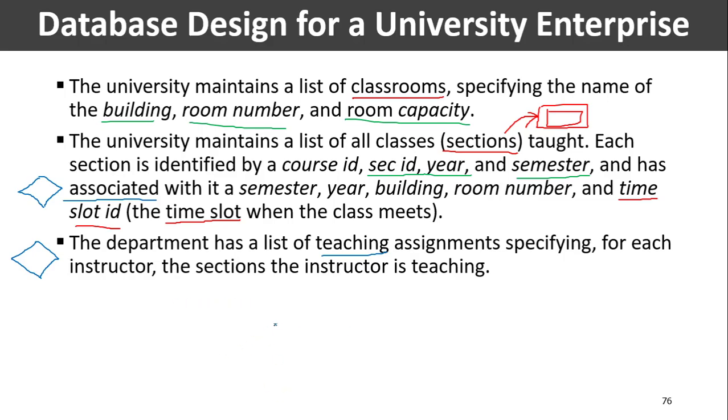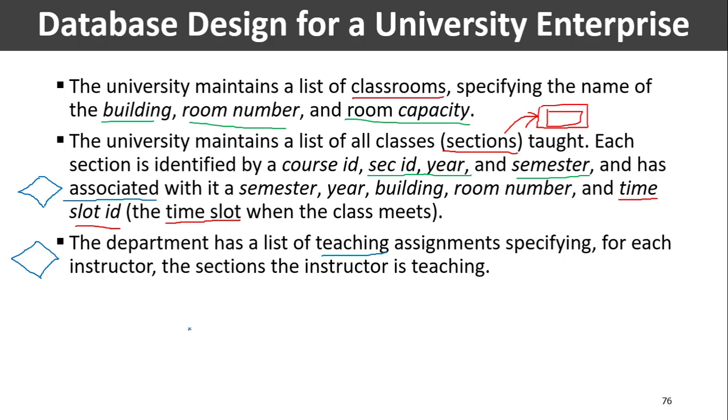Section is identified as one of the entity sets. Instructor is identified as one of the entity sets. So teaching would be the action that is being performed. Okay, so we may consider this as one of the relationship sets between instructor and section.